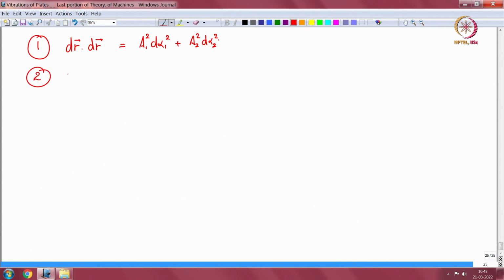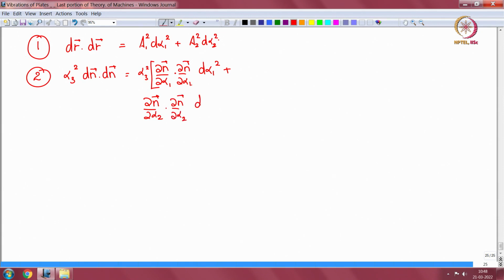Then the second one is alpha 3 squared dn dotted with dn, which is equal to alpha 3 squared del n by del alpha 1 dotted with del n by del alpha 1 d alpha 1 squared plus del n by del alpha 2 dotted with del n del alpha 2 d alpha 2 squared plus twice del n by del alpha 1 dotted with del n by del alpha 2 d alpha 1 d alpha 2.